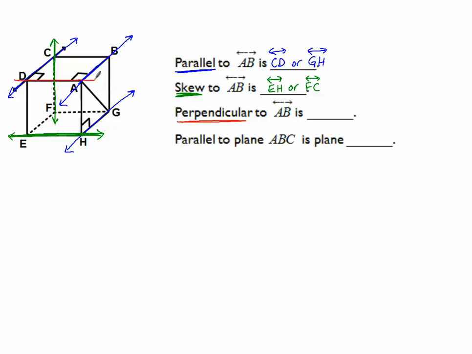This line that is the front edge of the box makes a right angle with line AB. So that would be line AD. Or, because we're imagining this is a box, like a cube with right angles, perhaps line BG is another line perpendicular to AB.